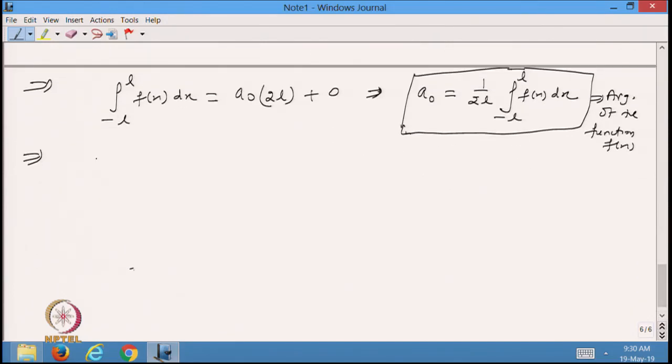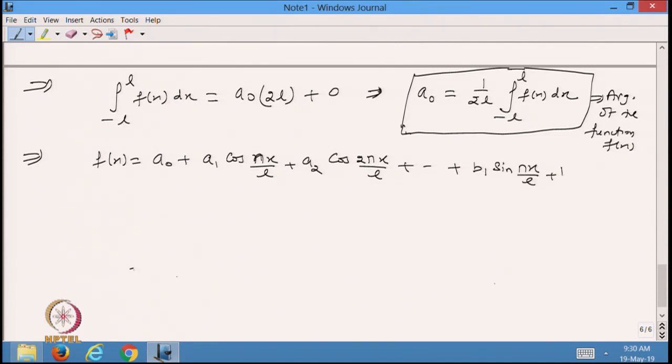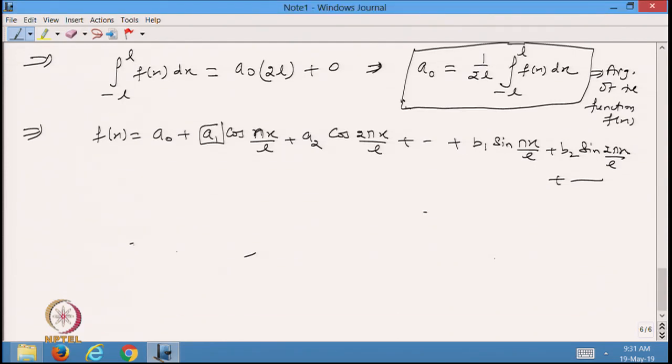Let us write the function f(x) equal to A0 plus A1 cos(n pi x by L) with n equal to 1, plus A2 cos(2 pi x by L) and so on, plus B1 sin(pi x by L) plus B2 sin(2 pi x by L) and so on. I just give this the name equation 2.